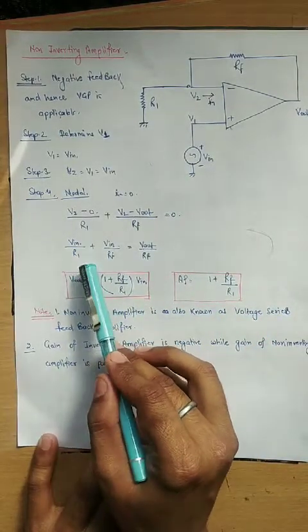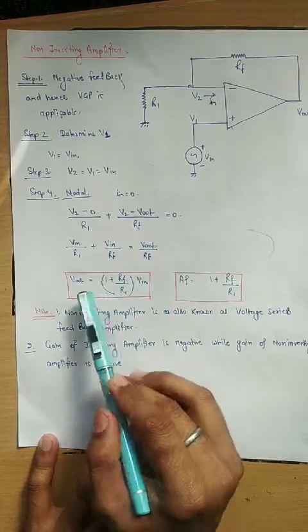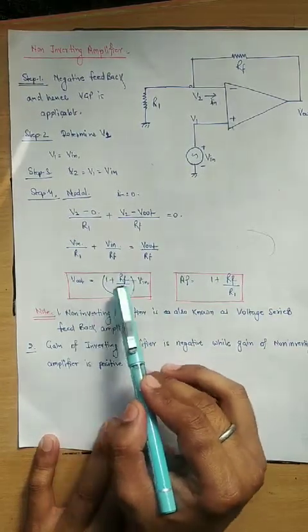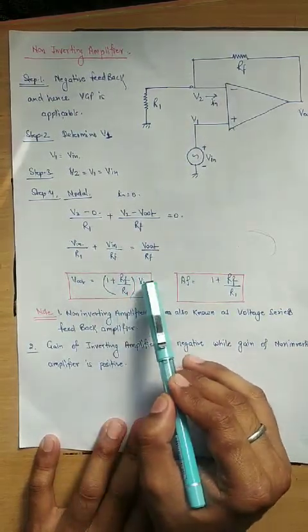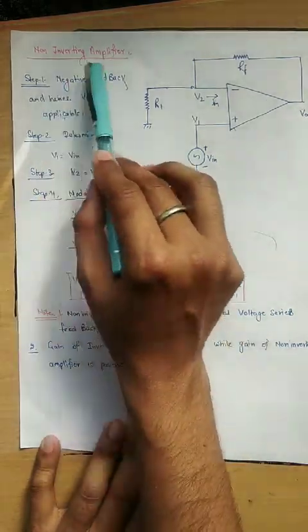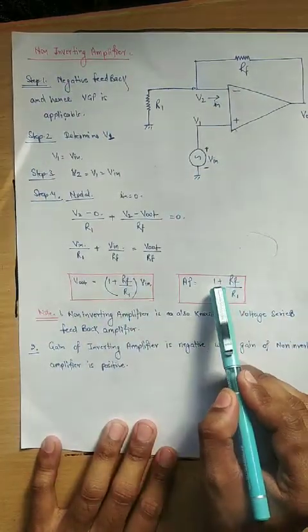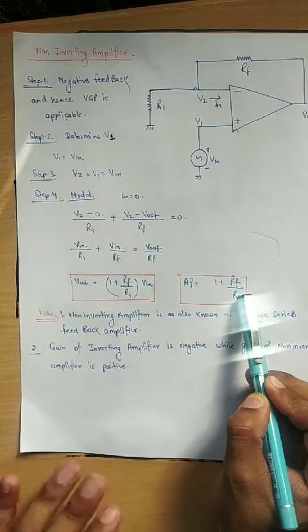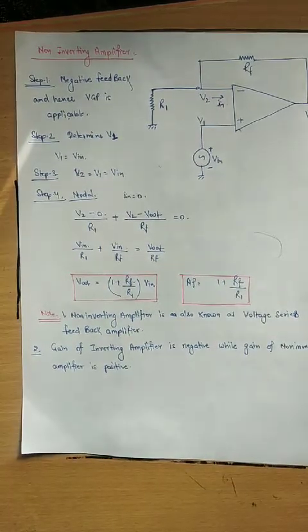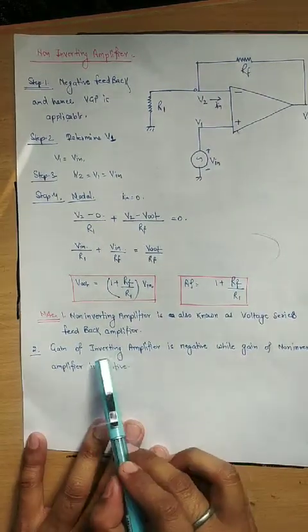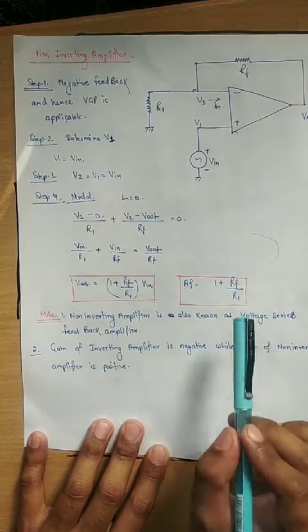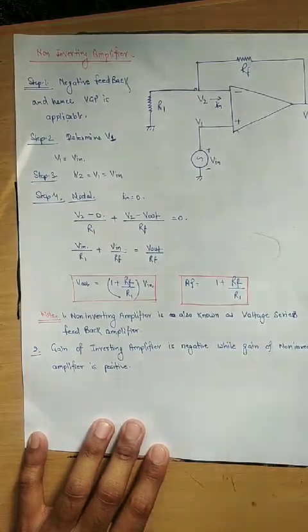So if we solve this, we find out that Vout equals (1 plus RF by R1) into Vin. So the gain of the non-inverting amplifier is 1 plus RF by R1. Now see one thing: the gain of the inverting amplifier was minus RF by R1, meaning negative.